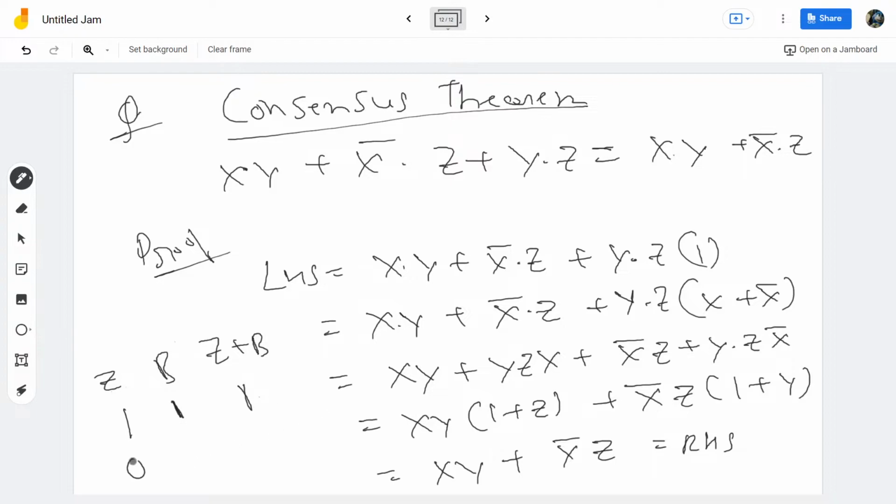And if we take z to be 0 and b is 1, then z plus 1 is again 1, because this is the OR operation. So the value of this becomes 1, and in a similar way the value of this also becomes 1. So we are getting LHS equal to RHS. So this was the proof of this theorem.